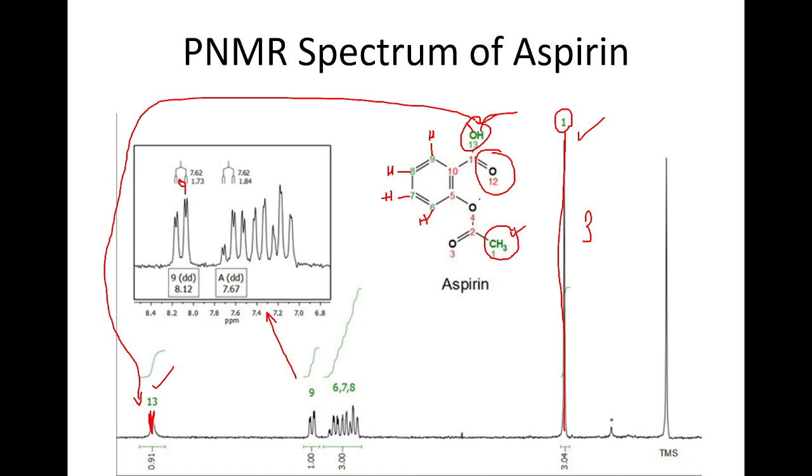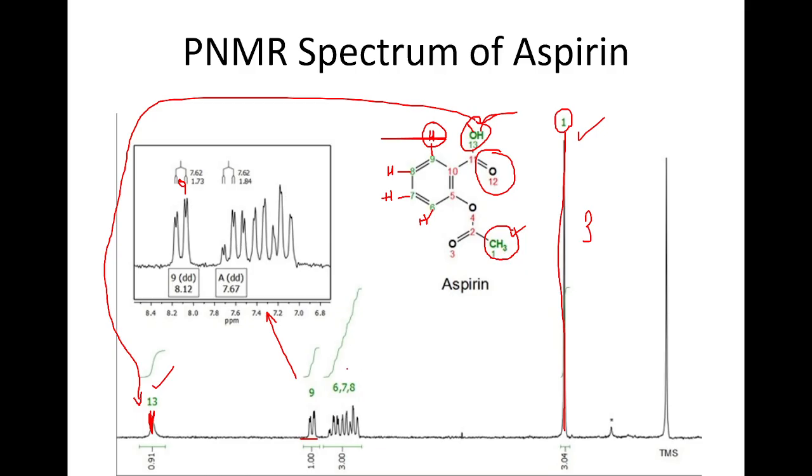As simple as this, 9 here is closest to this oxygen and that oxygen as well. So what do we get? We get this one a little bit more de-shielded, so we get it down here.